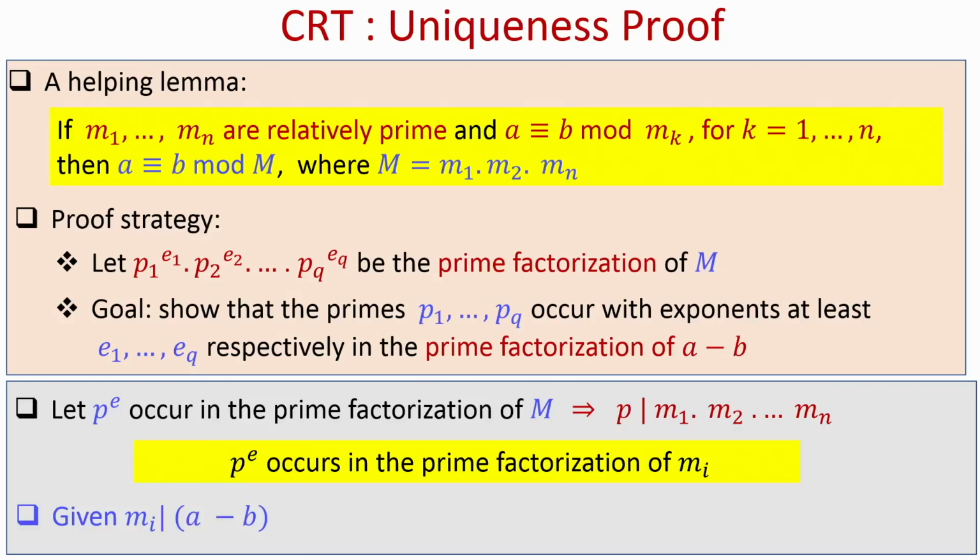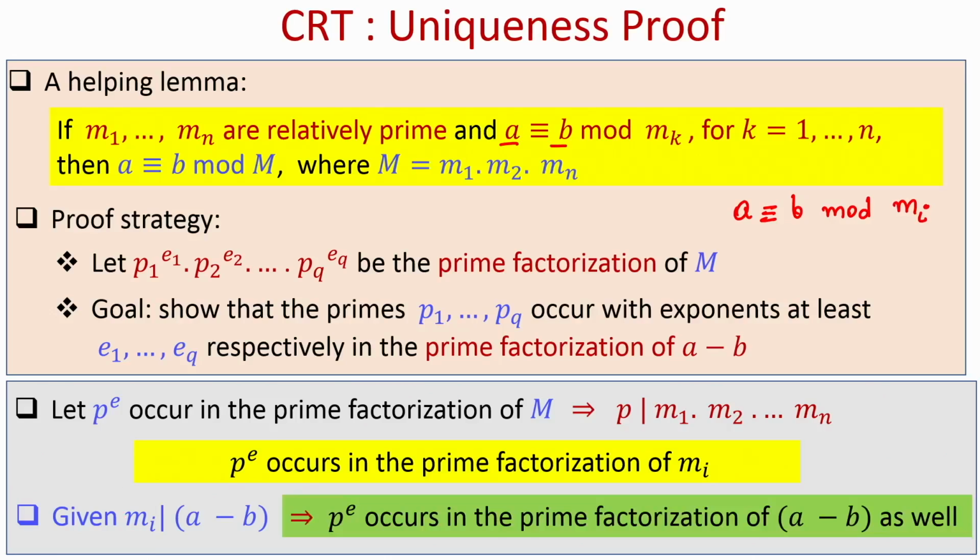Now, remember the property of A and B is the following: they are congruent with respect to every modulus, that means A minus B is completely divisible by all the n individual moduluses. So, A minus B is also divisible by mi as well, because as per my premise A and B are congruent modulo mi as well, the same mi where p power e occurs in the prime power factorization.